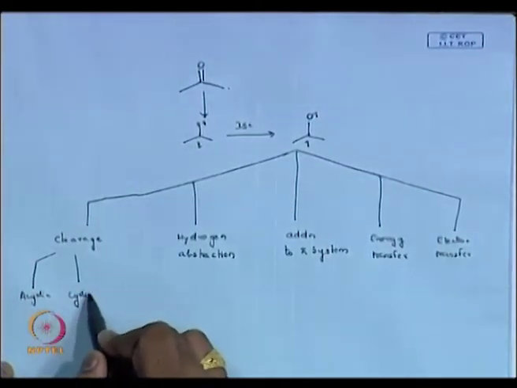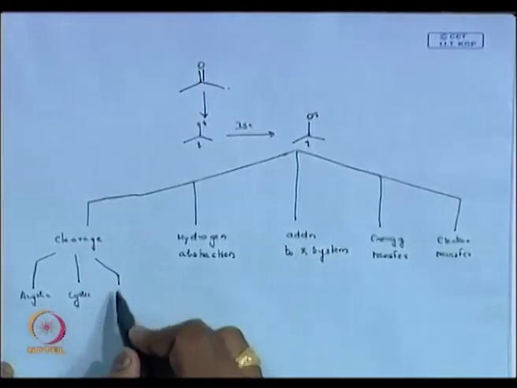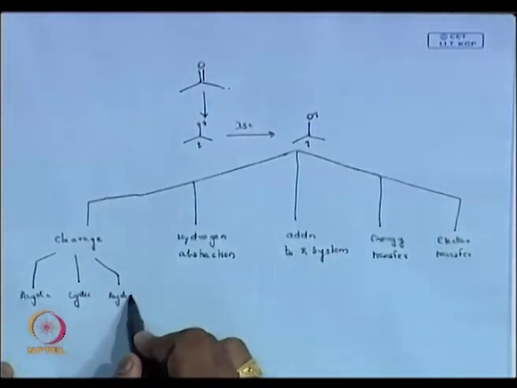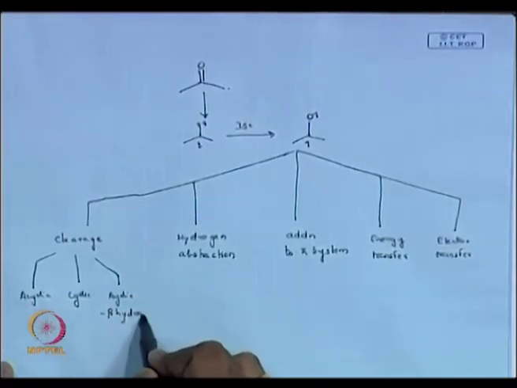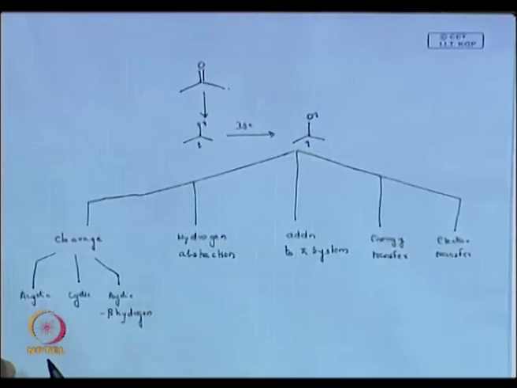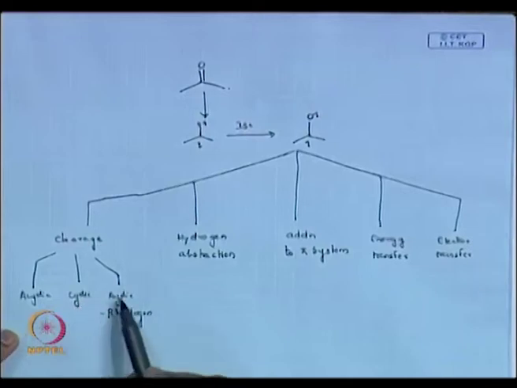Cyclic systems, and then acyclic systems having beta hydrogen. So we studied these 3 basic systems. In cyclic, we studied 4-membered, 5-membered and 6-membered, but these are the 3 main groups we studied. One is acyclic carbonyl system, another is cyclic, then we studied acyclic which has a beta hydrogen.